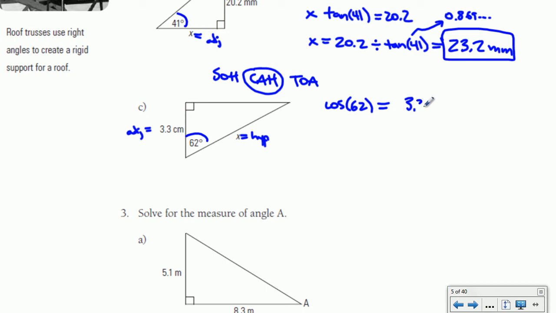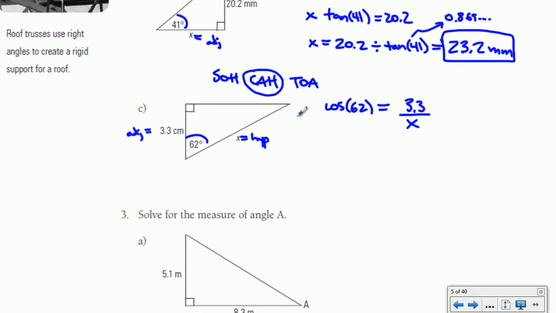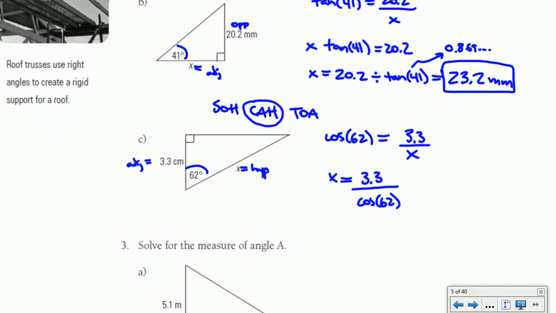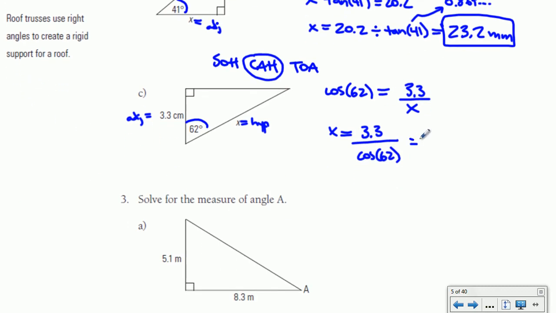So 3.3 over x. Same basic procedure as the question we just did, right? You bring x upstairs by multiplying both sides by x. So we would have x equals 3.3 divided by cos 62. So I just did it all in one step. It's the exact same thing, basically, except instead of tan, we have cos and some other numbers, but the general procedure is about the same.